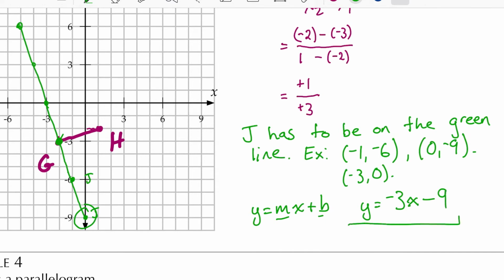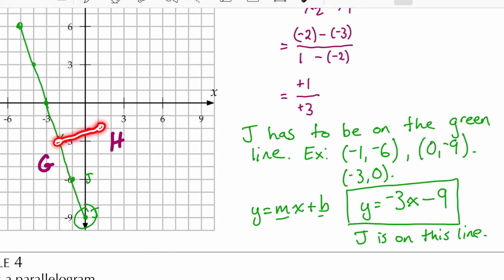So J could be anywhere on this line. And if J is anywhere on that line, then the line from G to J would be perpendicular to the line from G to H. So if J was up here, G to J would be perpendicular to G to H.